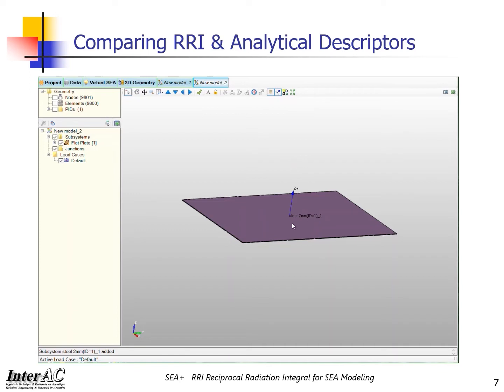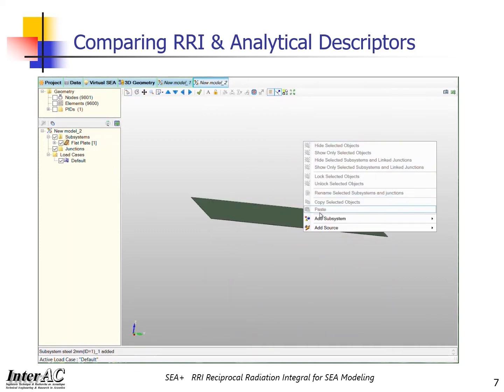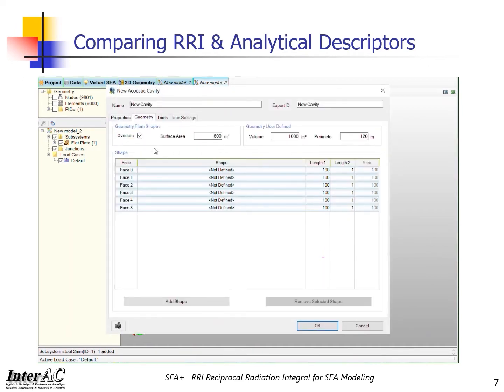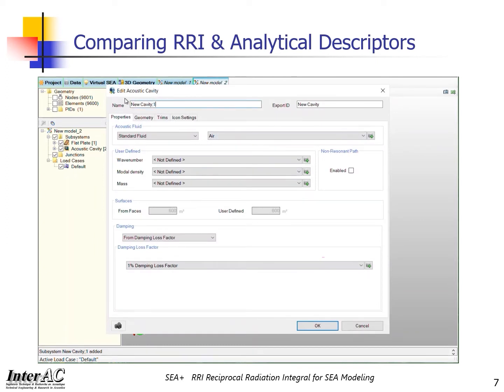The normal is oriented along Z plus for this plate, so on the top I will have the emitter cavity. Automatically my cavity is generated with appropriate geometry. I click OK, and then I can duplicate it, put it here and change the name to call it receiver cavity.